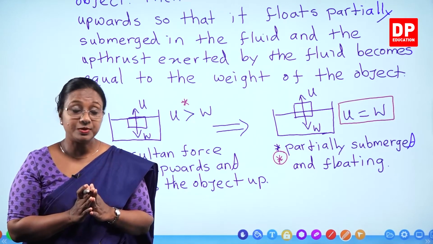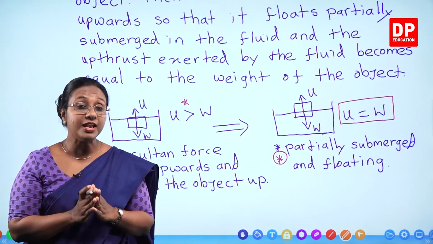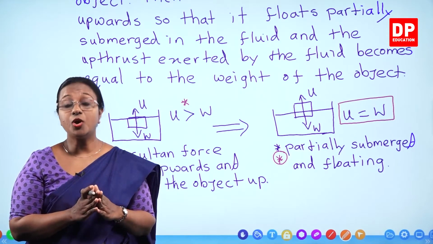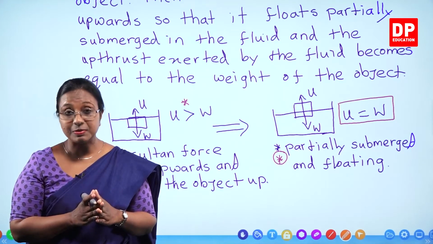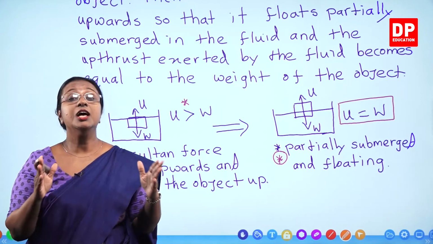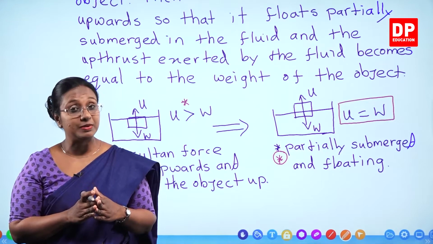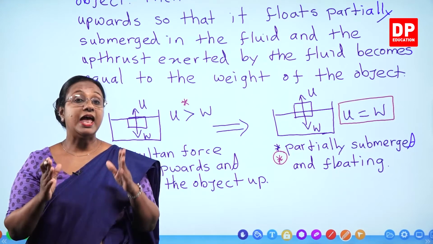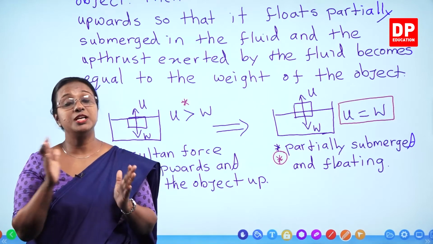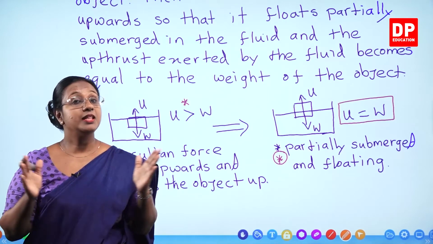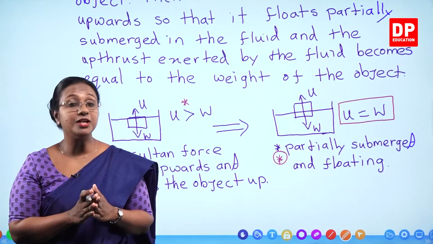The Archimedes principle: when an object is partially or completely submerged in a fluid, the upthrust exerted by the fluid is equal to the weight of the fluid displaced by the object. And then we saw that in some instances, the weight of the object is equal to the upthrust. Then of course there is no apparent weight.